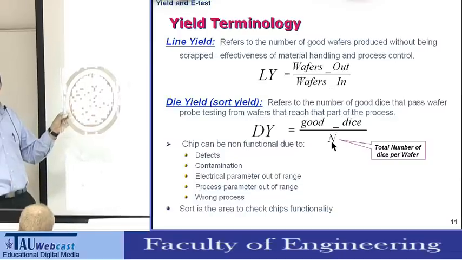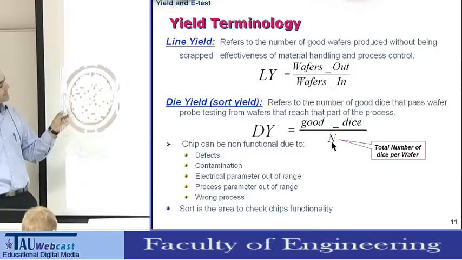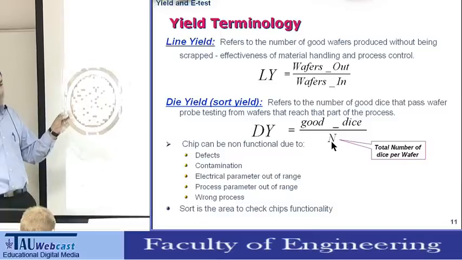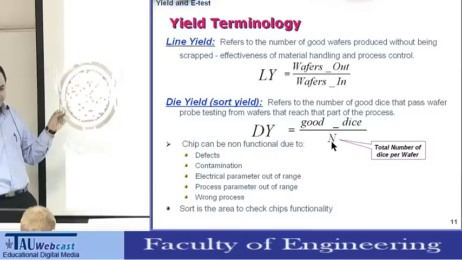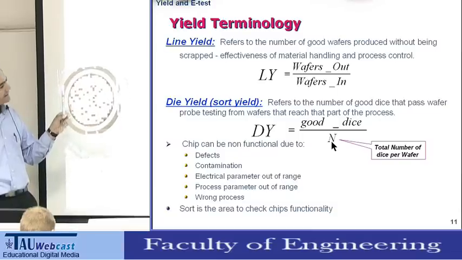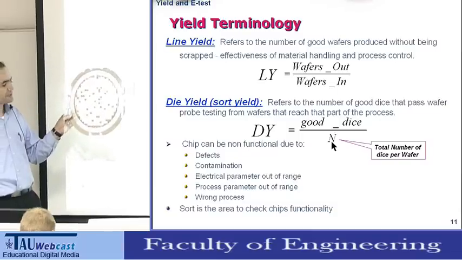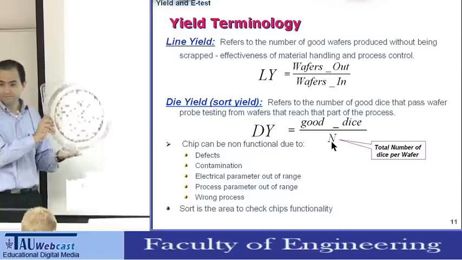Okay? And this is an advanced process with an advanced product. Some of you might have it on their disk-on-key. Okay? So this is a very high die yield. This wafer, by the way, was produced by Micron.